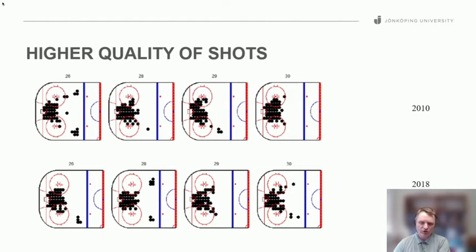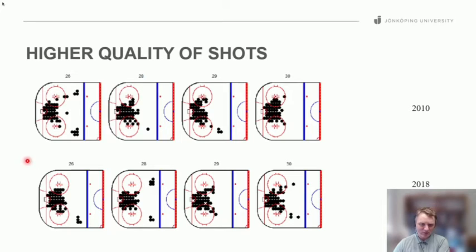And also, as we can see from this picture, although it's not that clear, but here it's just for 4 teams. For the full image, you could look at the paper, but here we can just compare where the shots are taken in 2010 and in 2018.